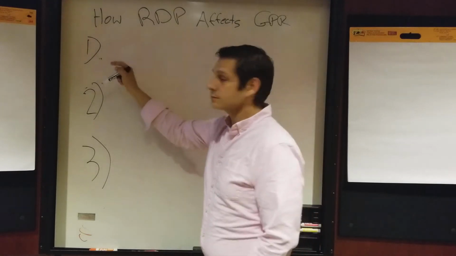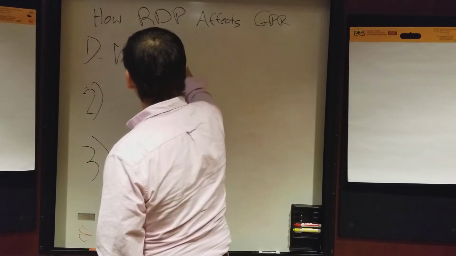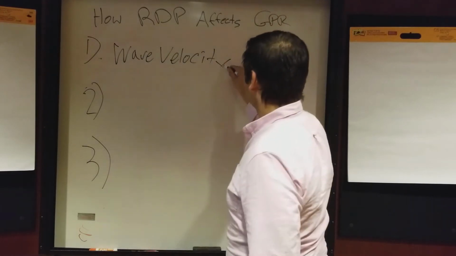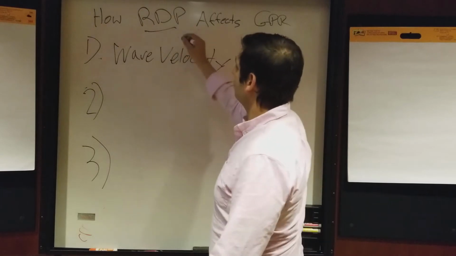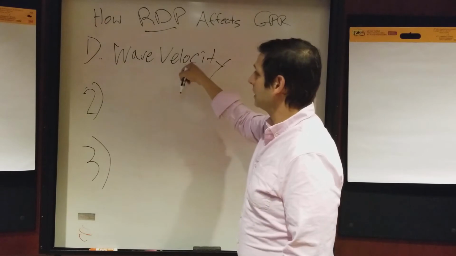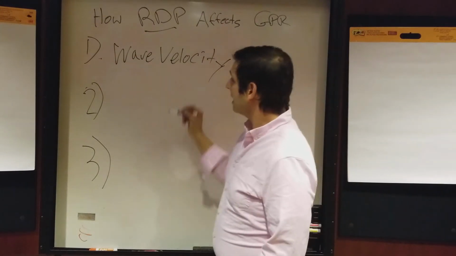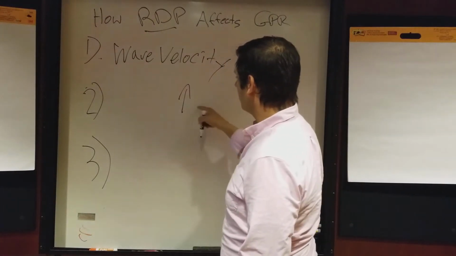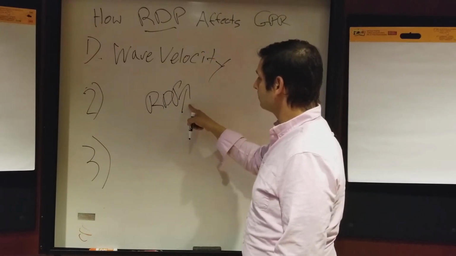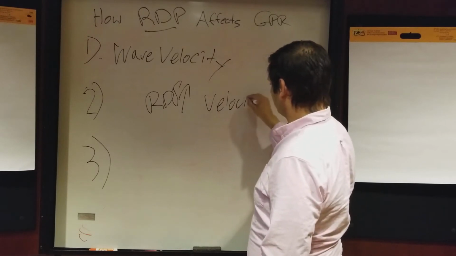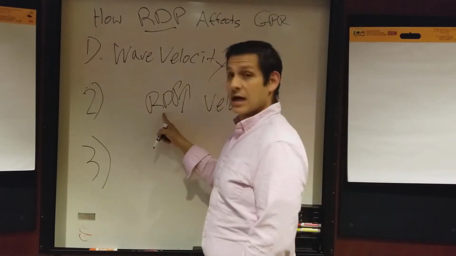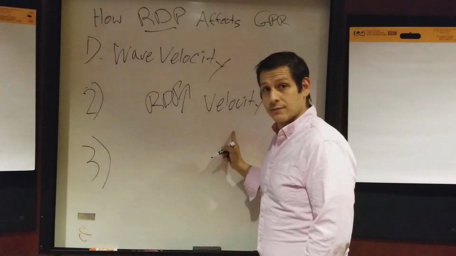All right, so number one. Wave velocity. RDP, which is relative dielectric permittivity, affects wave velocity. So the higher the RDP, if RDP goes higher, then velocity goes lower.